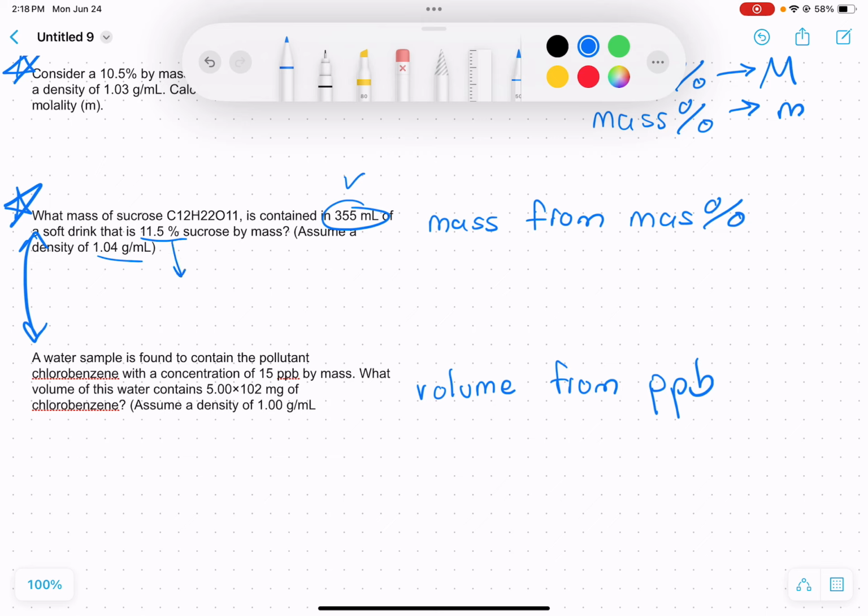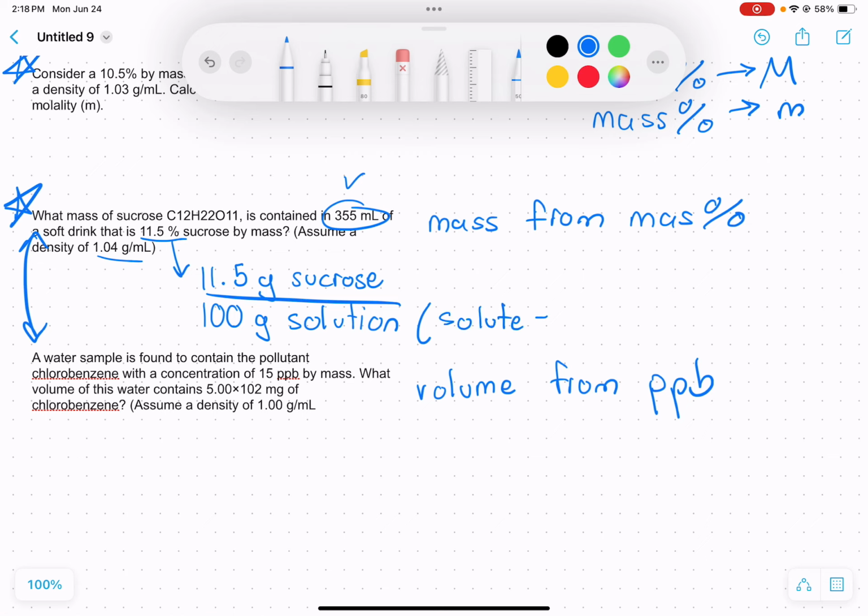So let's define what this concentration unit means. 11.5% means 11.5 grams of sucrose per 100 grams of solution. And remember, solution is solute, or in this case, sucrose, plus the solvent.